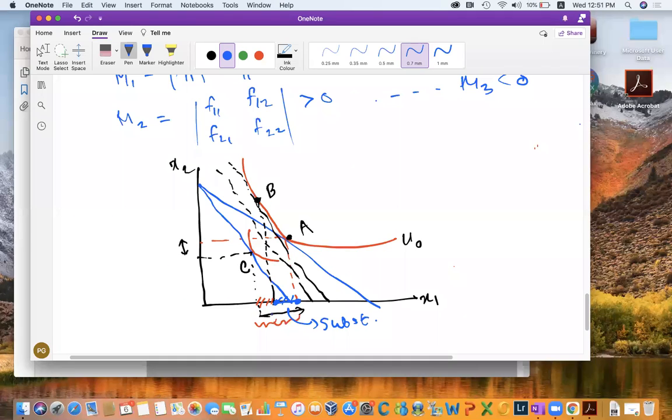And so this part of the change in consumption comes from the fact that the consumer's real income or purchasing power has gone down. And that is what is called the income effect. So mathematically, the two terms that we derived in the Slutsky equation capture these two things, the income and the substitution effects. Okay.